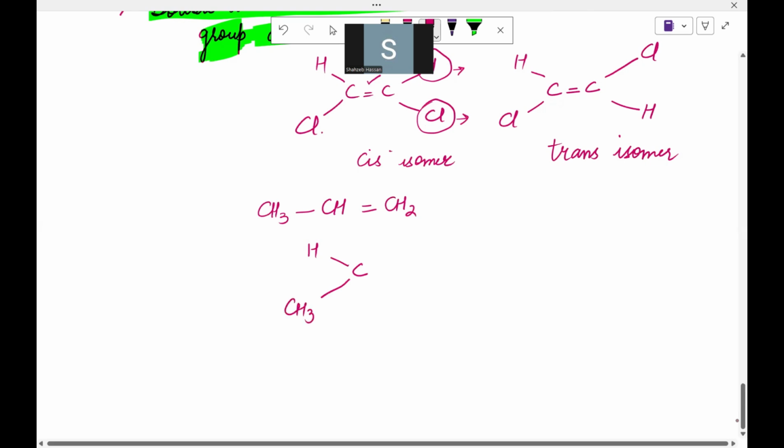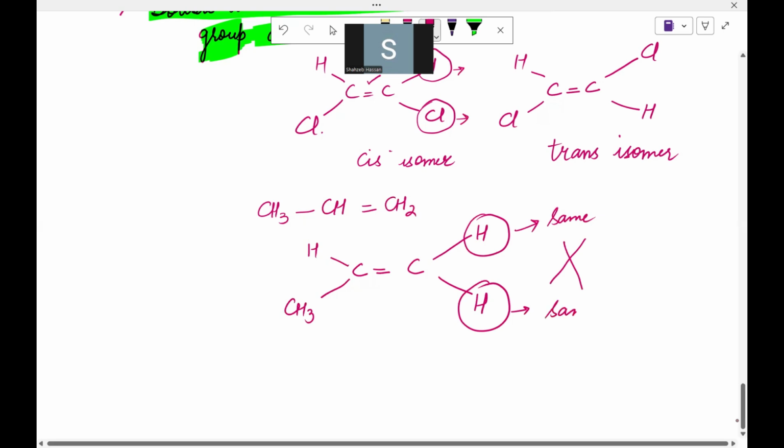And there is a double bond, carbon. Here we have hydrogen, here we have hydrogen. So do you think this is a cis-trans isomer? No, the answer is no, because it has the same atoms on this side. These are the same. So that is why we will say that it is not a cis-trans isomer.